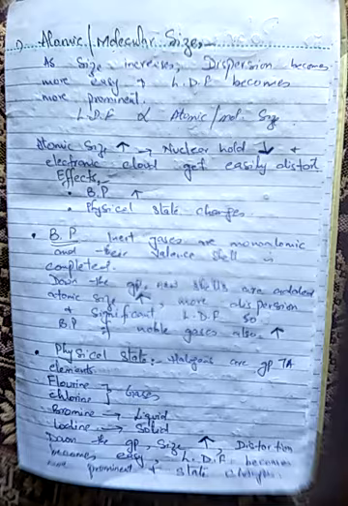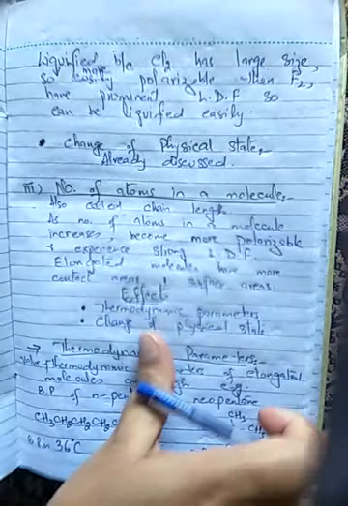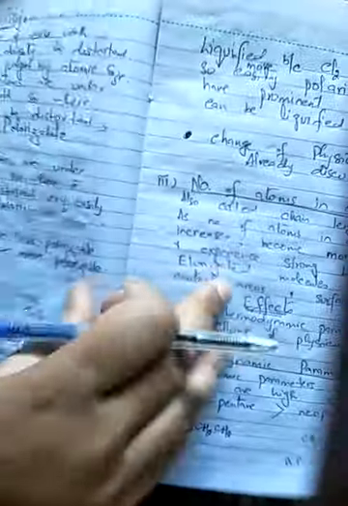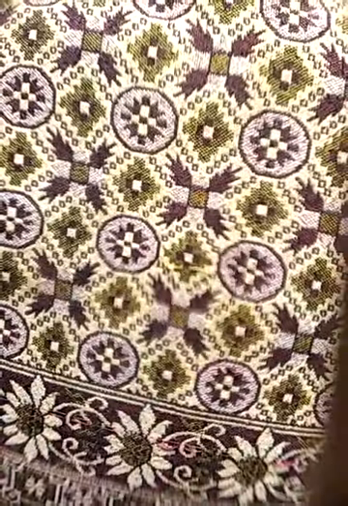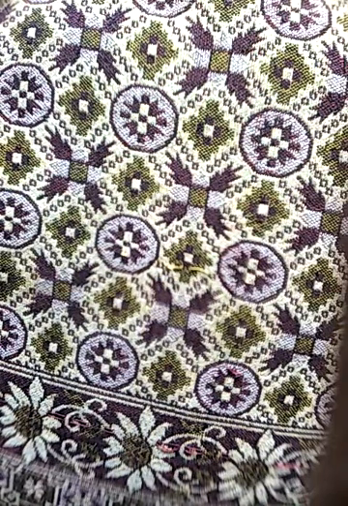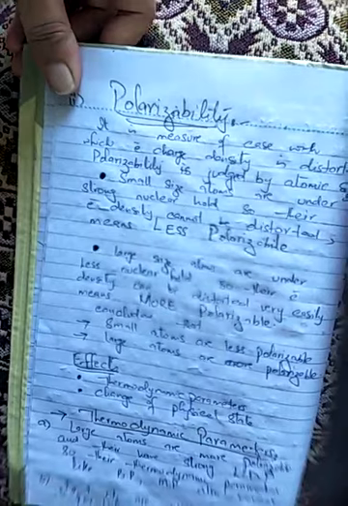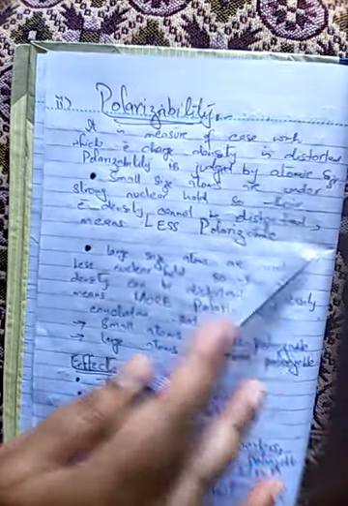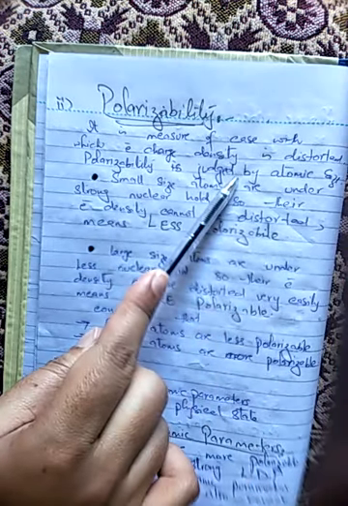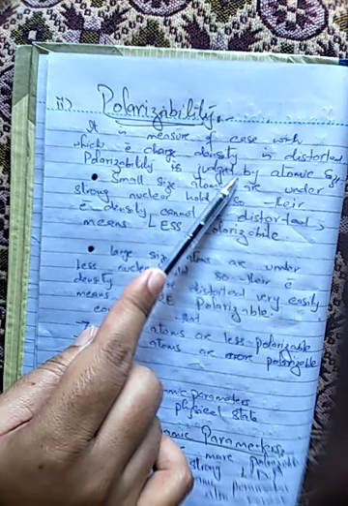Now our next factor is polarizability. What do we mean by the term polarizability? Polarizability is the measure of the ease with which the electronic cloud or electron charge density is distorted. It is also judged by atomic size.